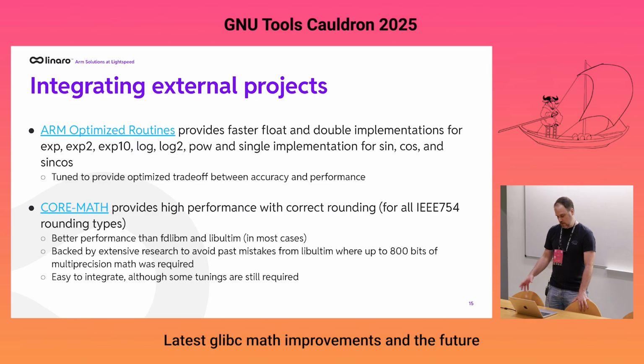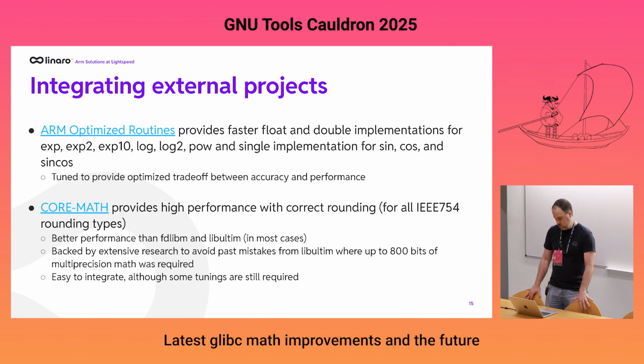The question is how we should balance between these two. CORE-MATH also provides high performance, but since it aims to do correct rounding, the problem is that to do correct rounding, it requires you to do more operations and more checks. You need to do a different strategy.